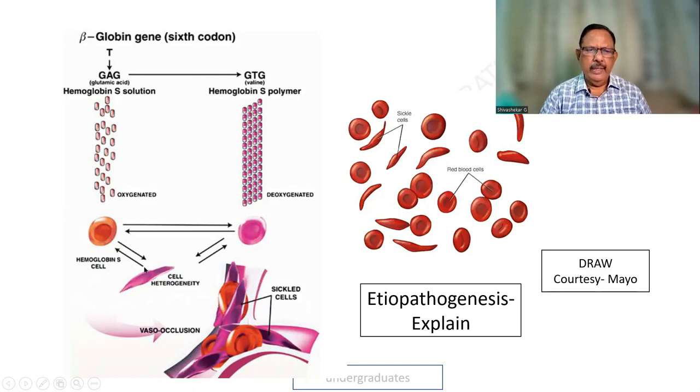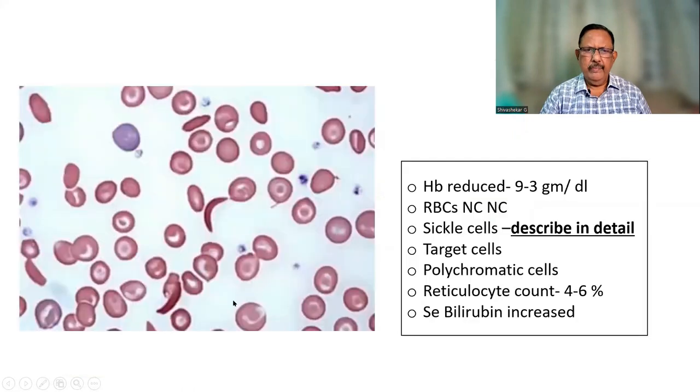In the meantime, the sickle cell obstructs the blood vessels, leading to vaso-occlusion. This is a peripheral smear of sickle cell anemia. The hemoglobin is reduced from 9 to as low as 3 grams per deciliter. The RBCs are normocytic, normochromic, not micro or macro. There can be a good number of target cells.